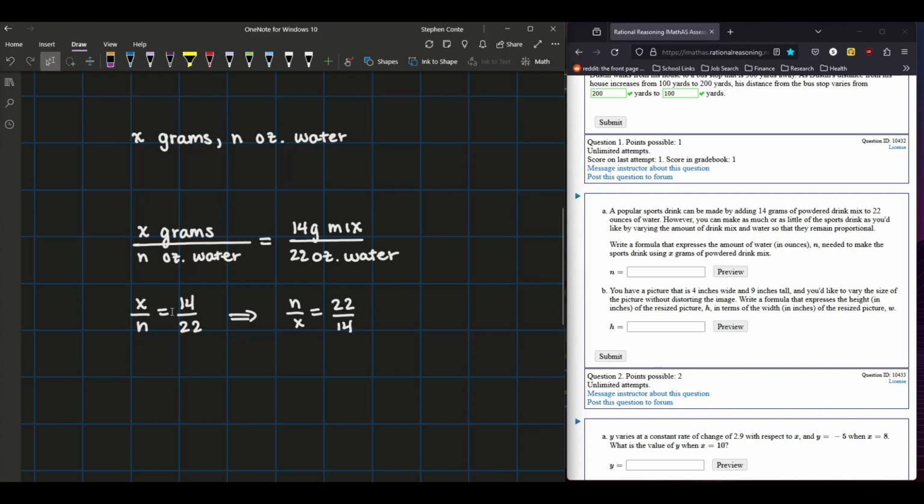You can see that this is true if you just cross multiply and divide. And now to solve for N, multiply by X on both sides. So N over X times X. These X's cancel out on the left hand side, and then I just have 22X over 14. So then N is equal to 22X over 14.